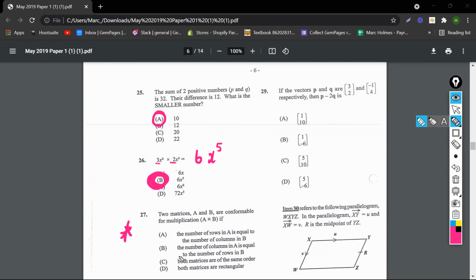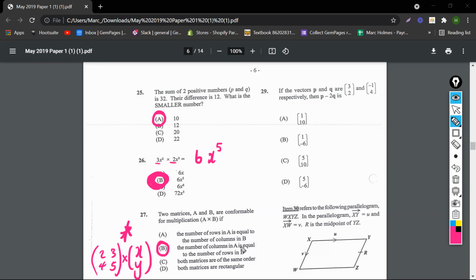For sure. Hold on, let me just check. Columns. Yes, sorry guys, it's B.